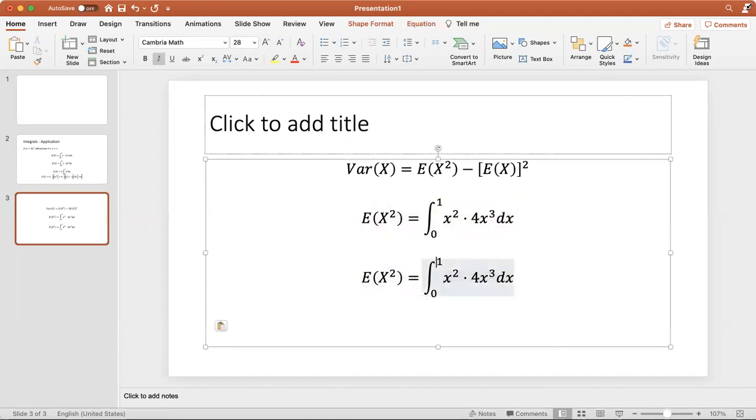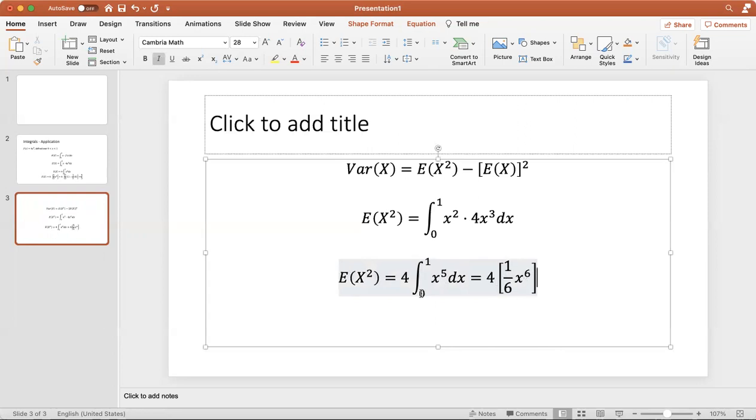So you have 4 times the integral of x to the 5th dx, but this is a simple function, so this just becomes 4 times 1 over 6 x to the 6th. All right. Again, evaluated between 0 and 1.